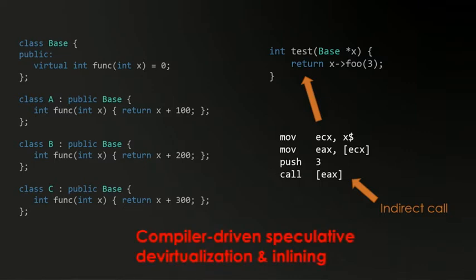And, you know, the fancy words, compiler-driven, speculative devirtualization, and inlining, is a lot of words. But the basic idea is, in the function pointer case, the previous C-style case, the compiler is basically not guessing, but using profile information to make a strong determination that a function pointer is pointing to a specific function.